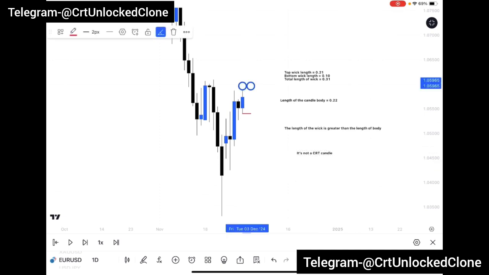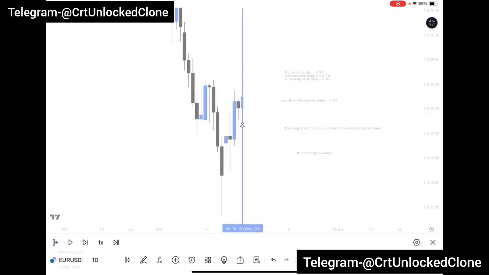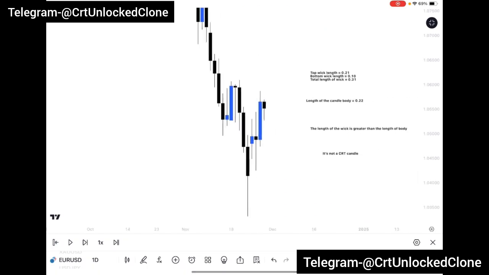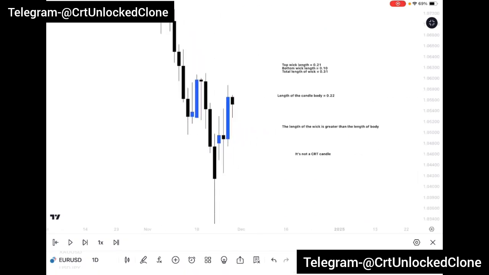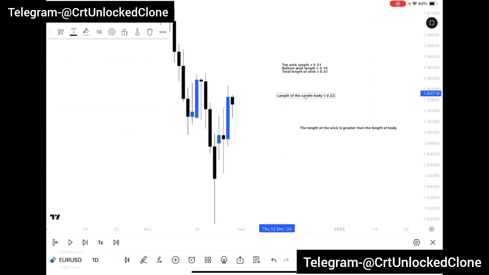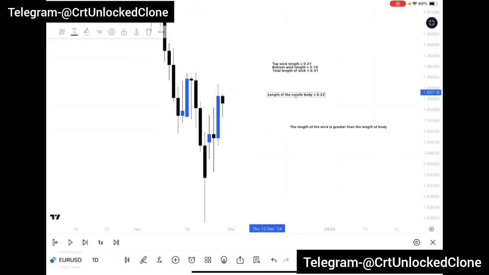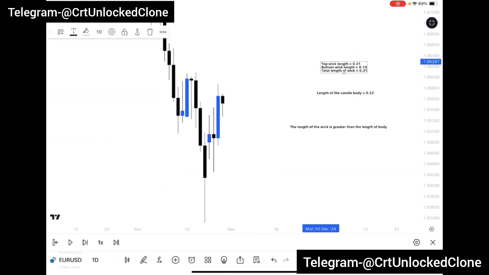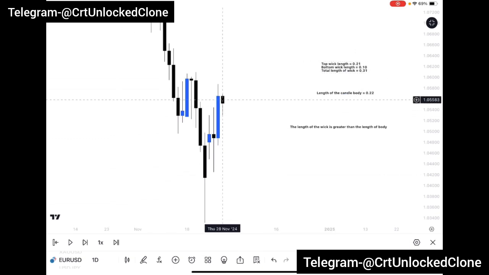So now let's check for the next candle, so that we can hide this candle and let this candle be visible. Let it be on the side. So now we can check for this candle.